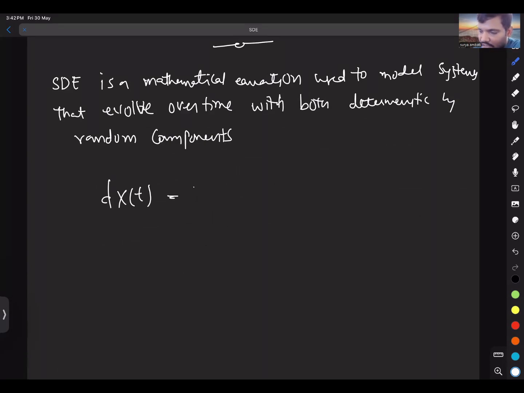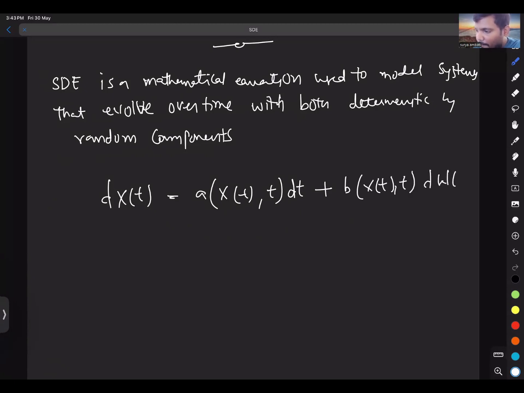So d of xt equals a of, so here like I mentioned, xt is the quantity of change that we are trying to measure, and this is the deterministic part first, and this is the stochastic part. So this is the deterministic component, and this is the random component.